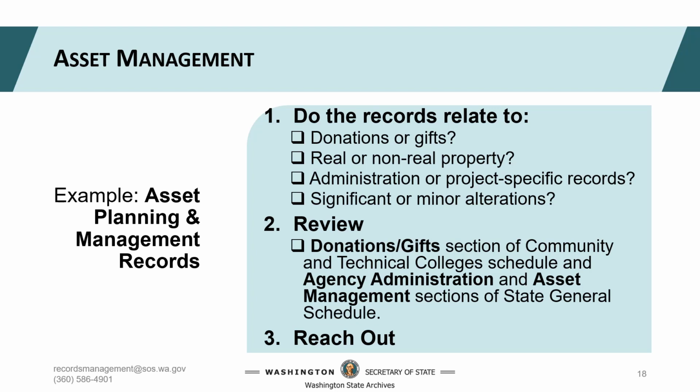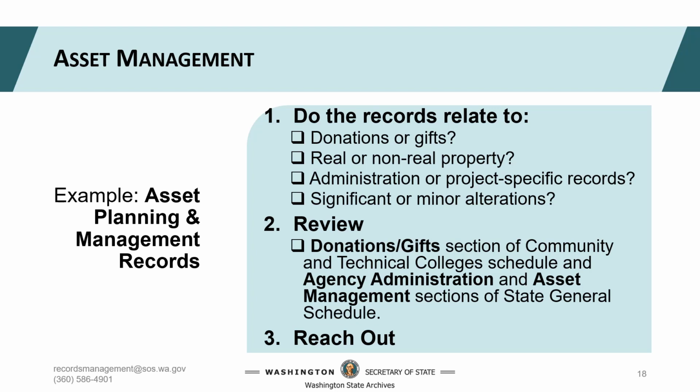Next, let's look at asset planning and management records. Asset planning and management aren't unique to community and technical colleges. You can expect to find most of these kinds of records covered by the State General Schedule. A notable exception is records of donations or gifts to the college, which the Community and Technical Colleges Schedule addresses.